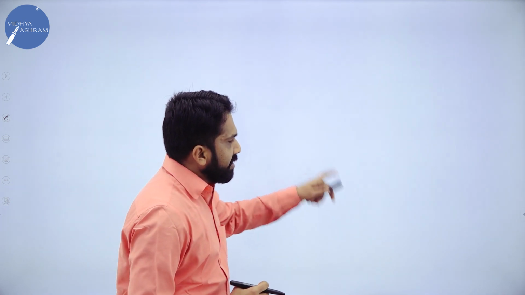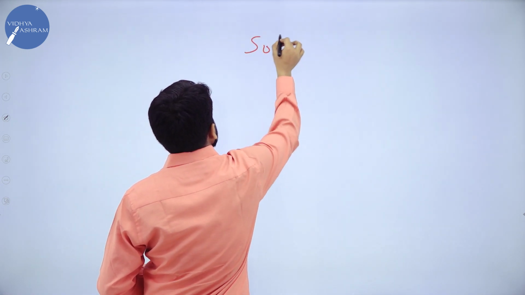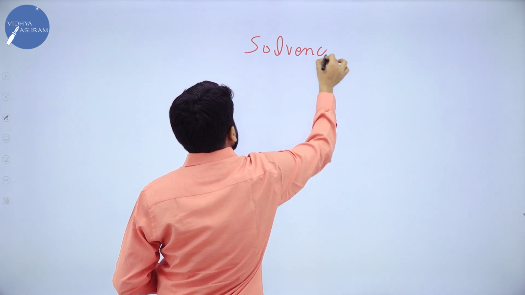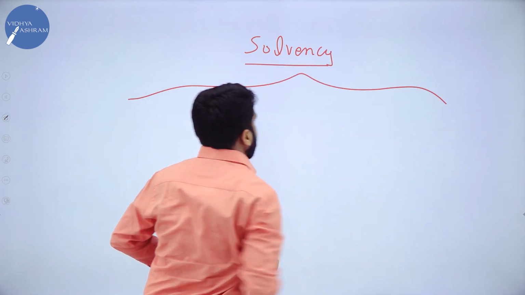What is solvency ratio? Solvency ratio means it is only for long term. Anything which is beyond 12 months, we call it long term. Any long term receivable or payable will be calculated in the solvency ratio. Under solvency ratio, we have 5 sub ratios. Now, what is the first type of ratio?